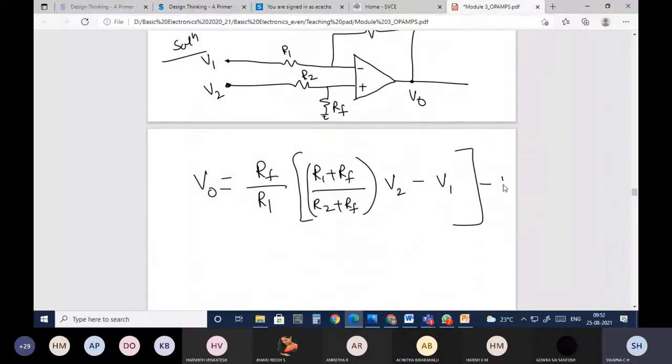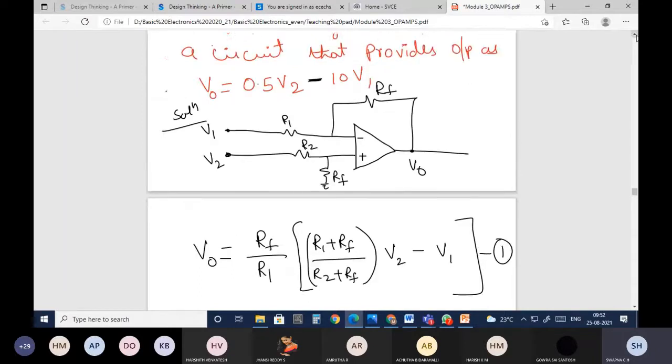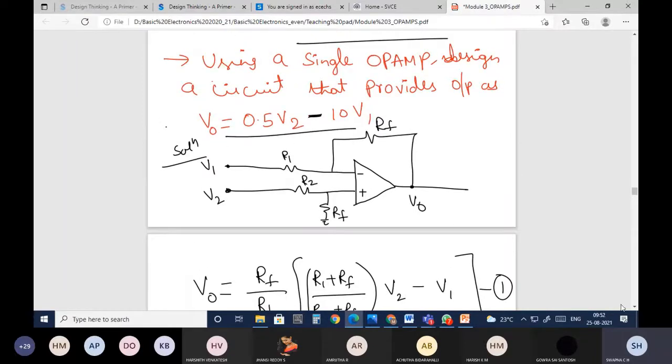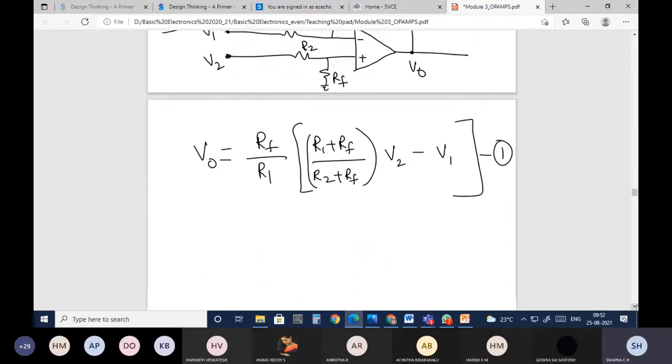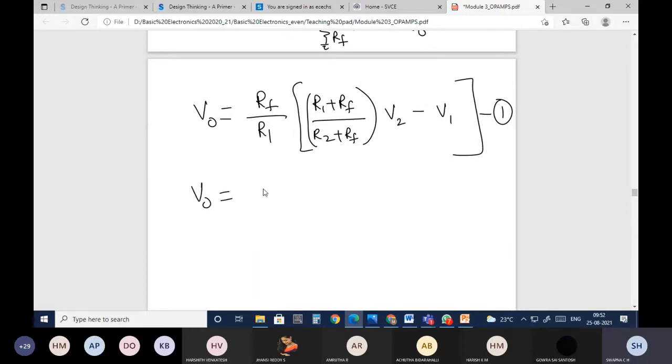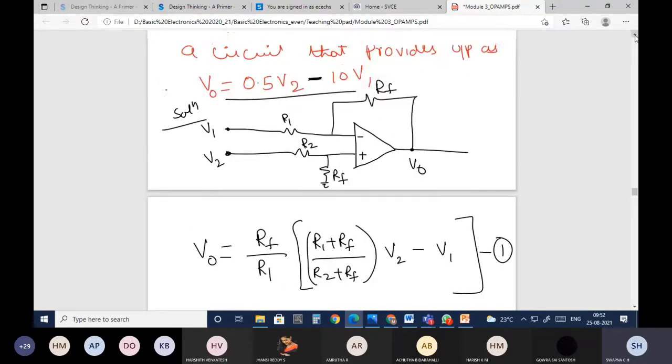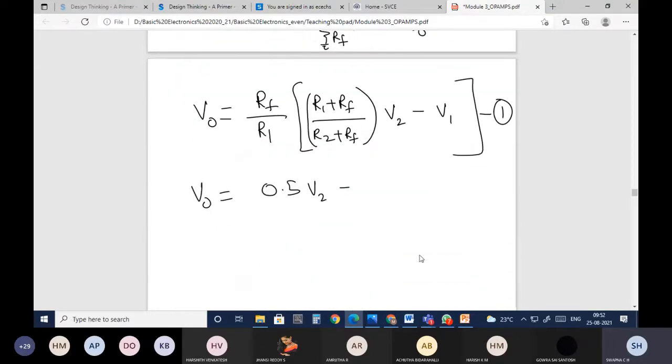So this I'll name as equation 1. In the question itself he has given one more equation: V0 is 0.5 V2 minus 10 V1.